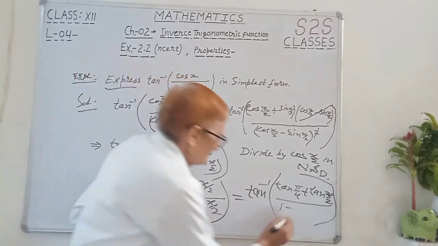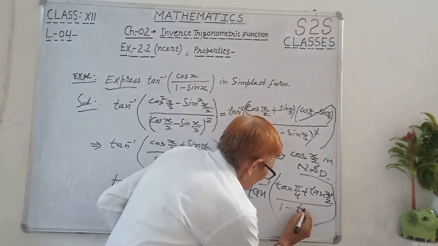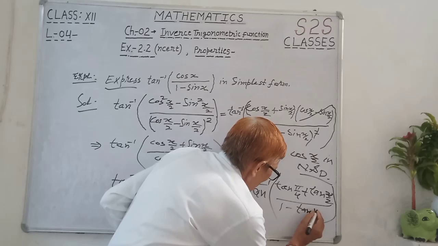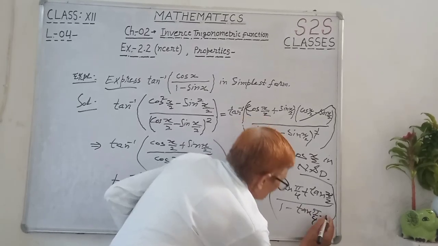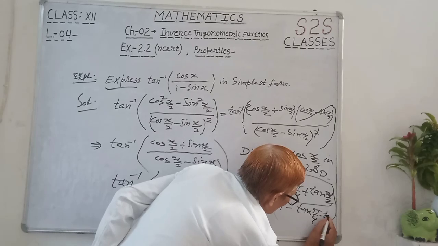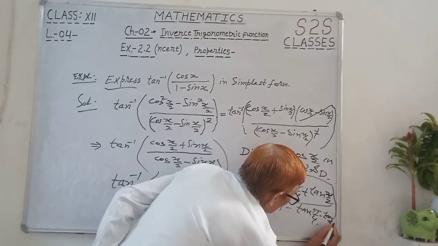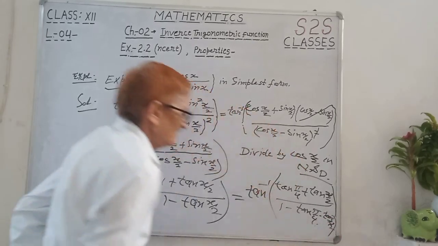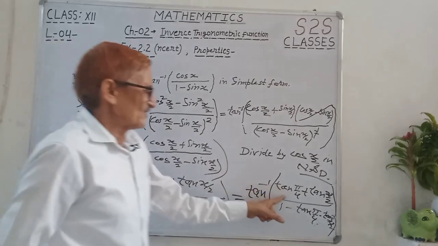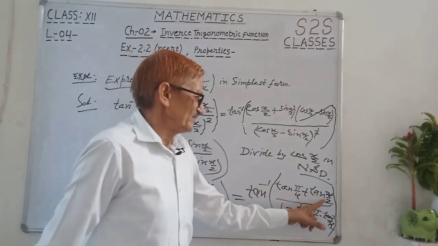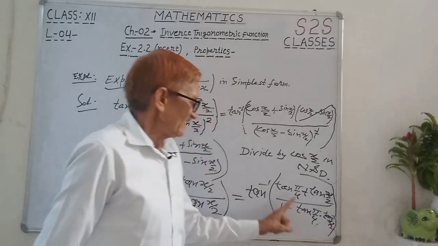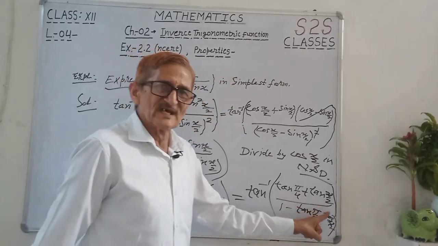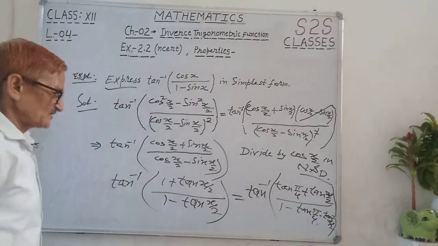So 1 is tan pi by 4, that is 1 into tan x by 2. Okay, then it is the formula tan a plus tan b upon 1 minus tan a into tan b. A is pi by 4, b is x by 2, so it is tan a plus b.